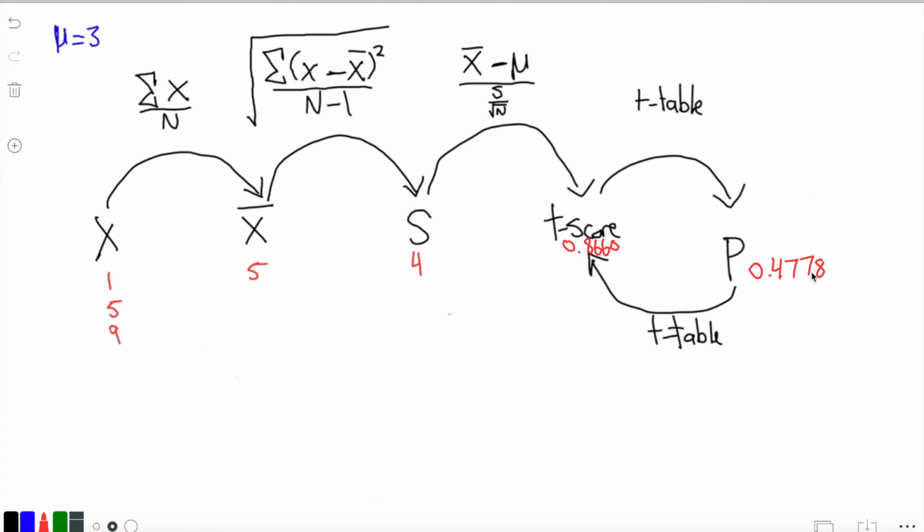Now, if we started with a p-value, we could also use the t-table to go back to the t-score. But hopefully this is showing the relationship between all of these things that are often overlooked or poorly understood. And now you can see, instead of having a page full of equations, that one equation just naturally leads to the next equation, and so forth.